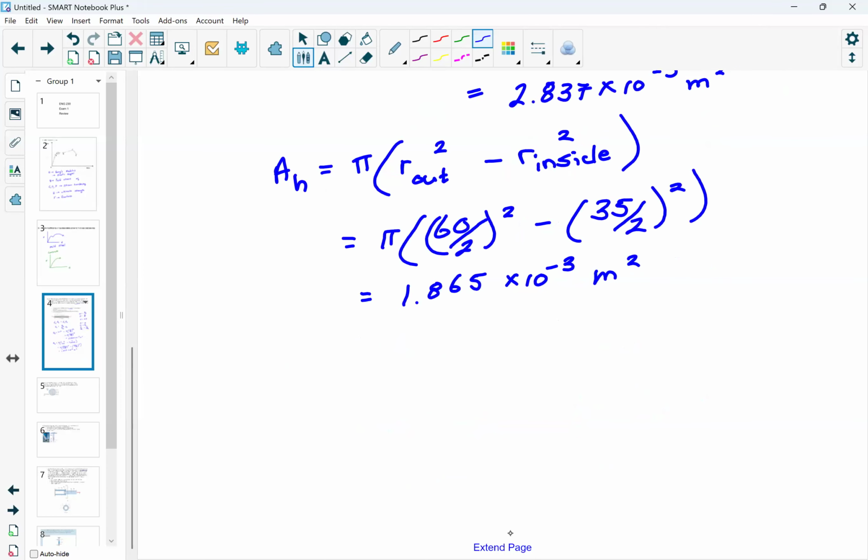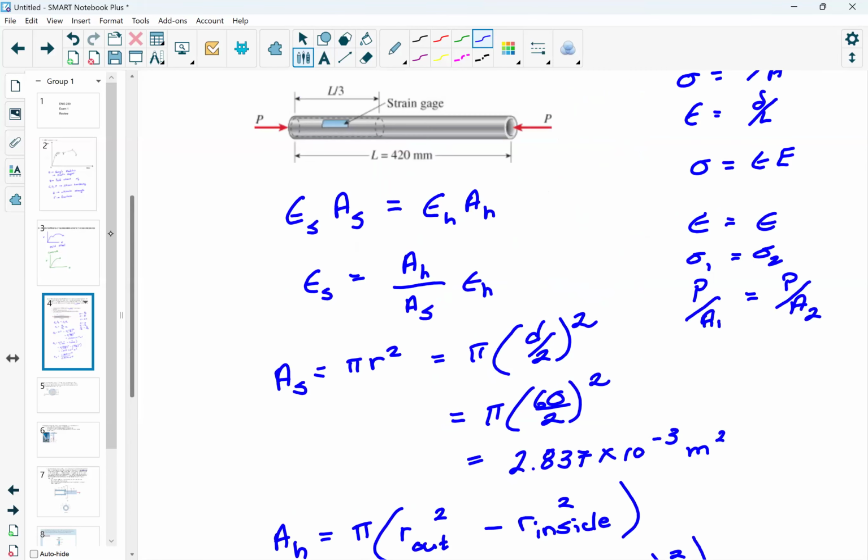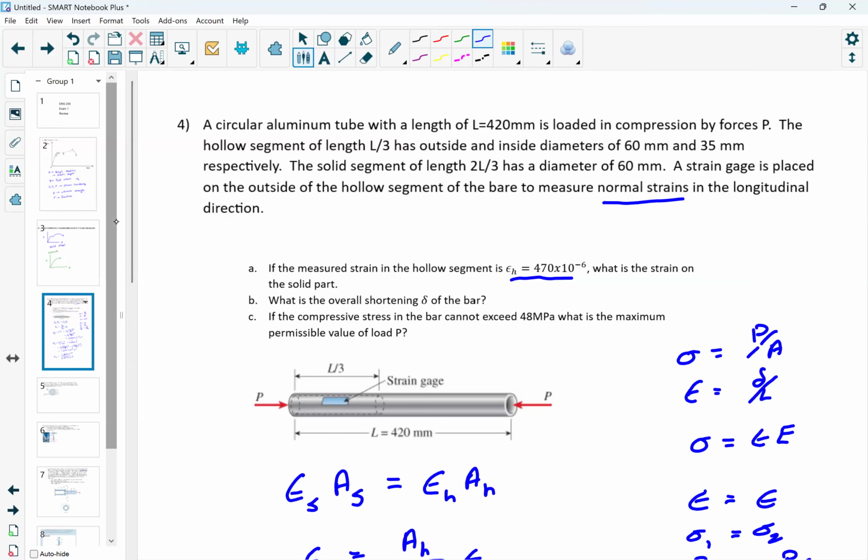All right. So if we now want to figure out what the epsilon of the solid is, that's going to be my hollow area over my solid area. And then we're going to multiply all of that by the given epsilon, which has a unit issue, I think.